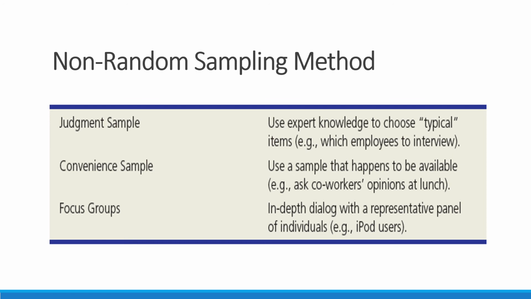The third way of non-random sampling is focus groups. In focus groups, in-depth dialogue with a representative panel of individuals is collected.